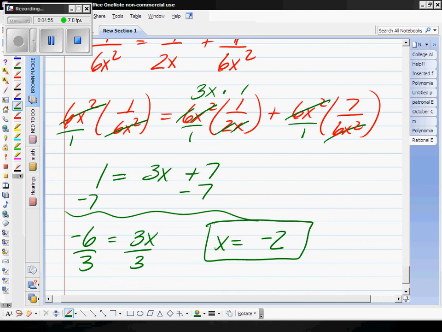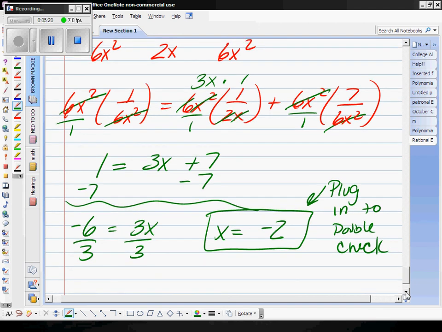Now the best way, though I don't have enough time and space on my computer right now, is to plug this in to double check. Okay, and I guarantee you get the correct solution.